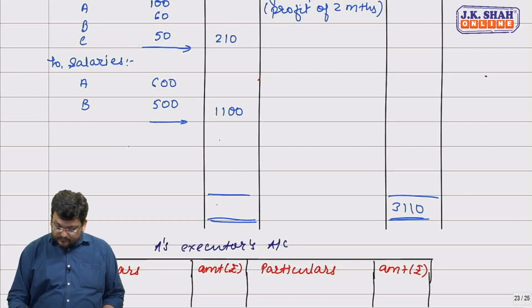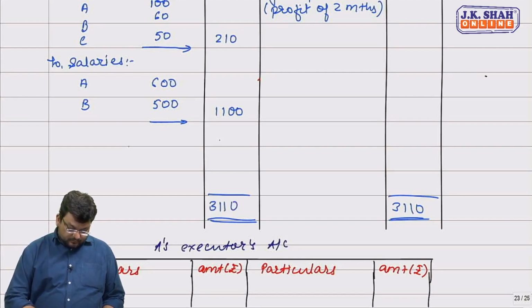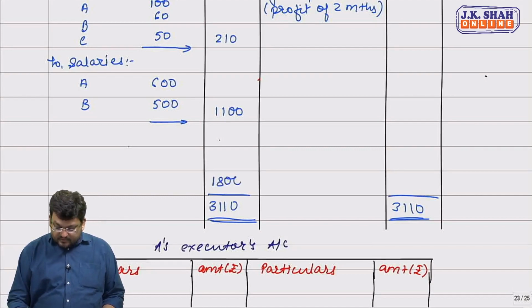3,110 minus 210 minus 1,100. 1,800 is the profit which will be distributed among partners. Two is to 1 is to 1.